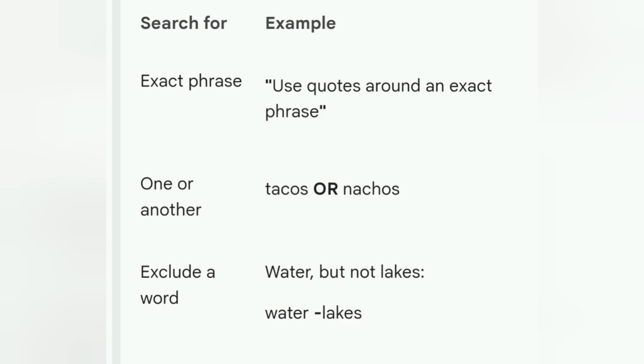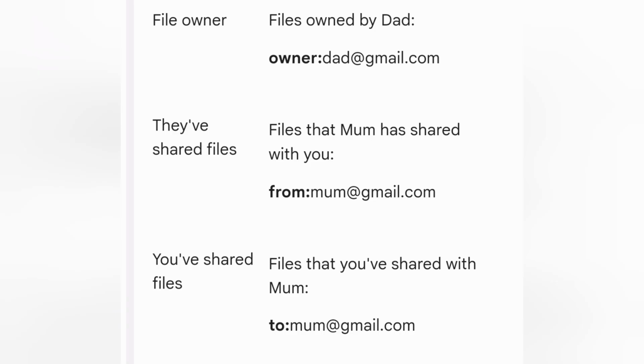You have to search for an exact phrase. Type your phrase in between the quotation marks. Search for one or another, tacos or nachos. Search by excluding a word, for example, water but not lakes. Search for file owner, for example, files owned by dad.